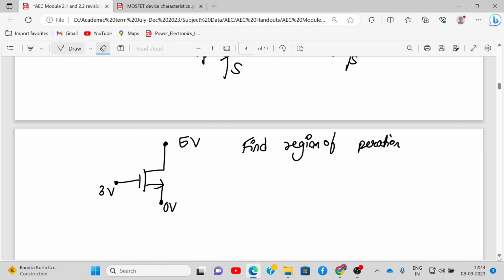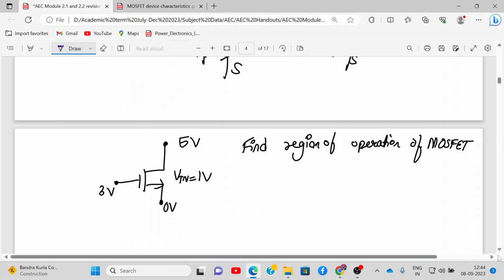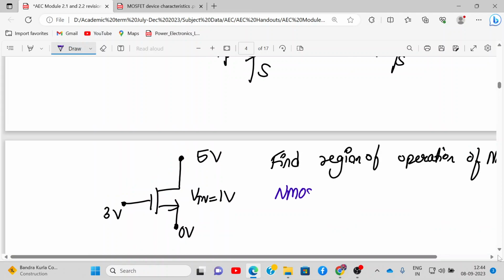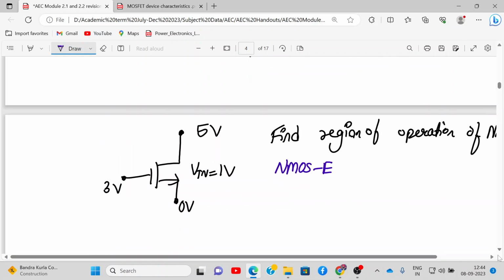So how will you find out? VT is given as 1 volt. So which type of MOSFET is it first of all? It is an NMOS enhancement type MOSFET.